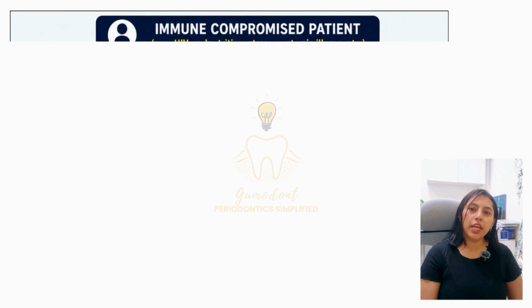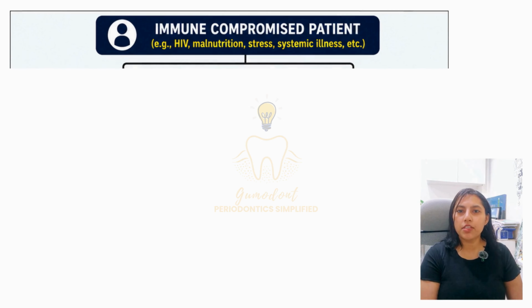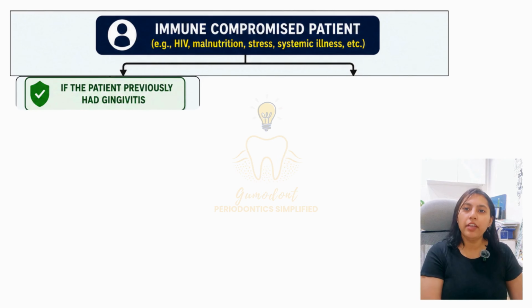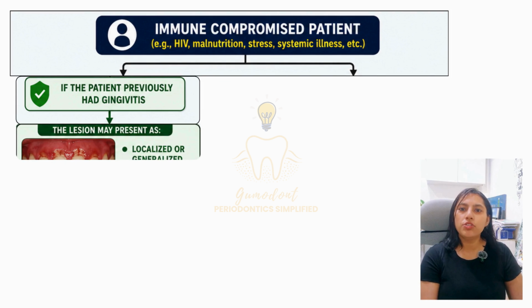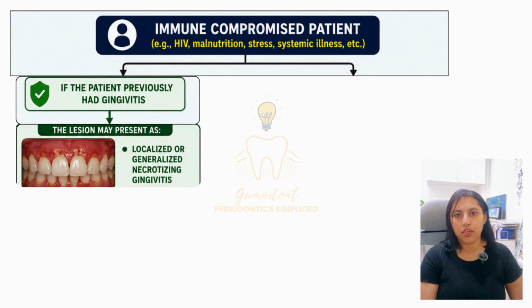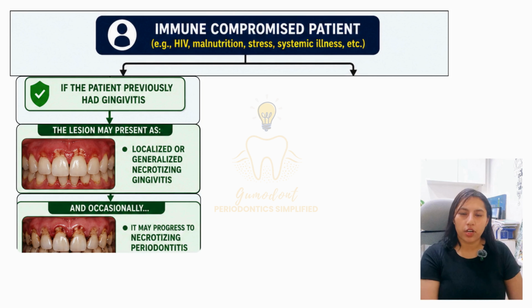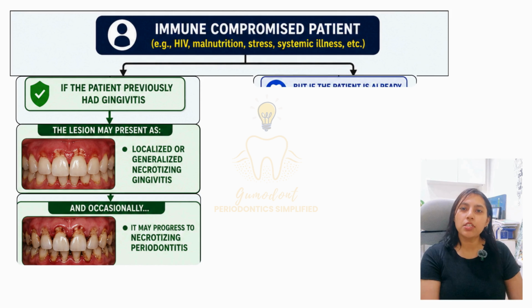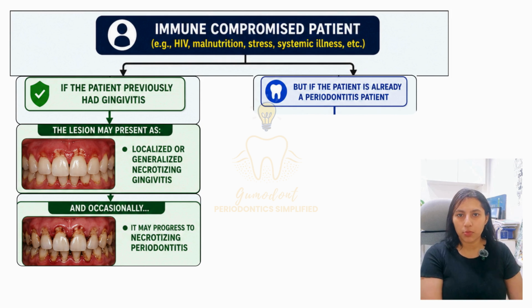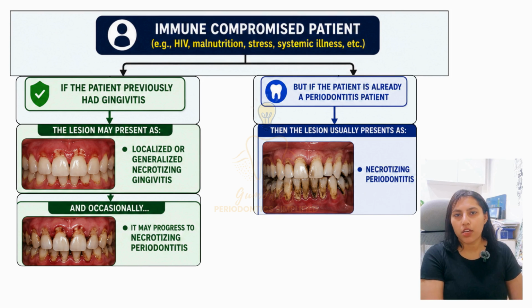Now, depending on the pre-existing periodontal status, the presentation differs slightly. If the patient previously had gingivitis, the lesion may present as localized or generalized necrotizing gingivitis, and occasionally it may progress to necrotizing periodontitis. But if the patient is already a periodontitis patient, then the lesion usually presents as necrotizing periodontitis.